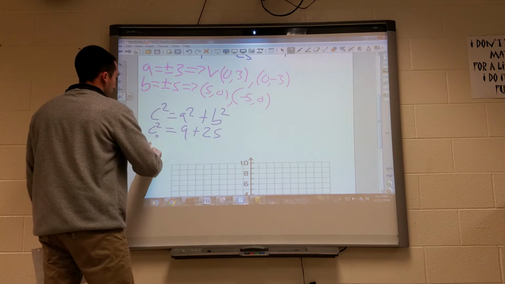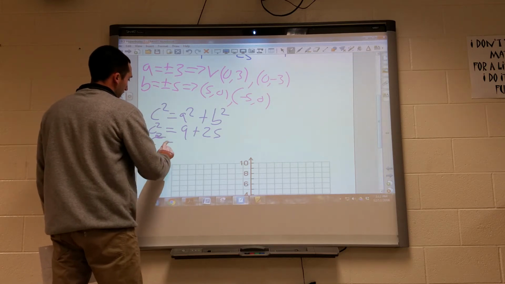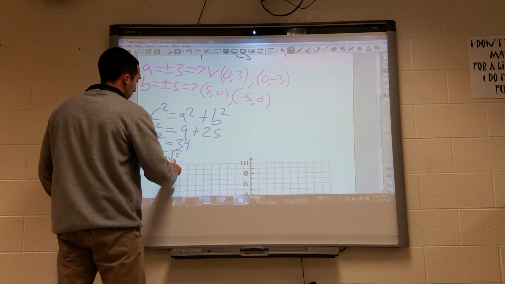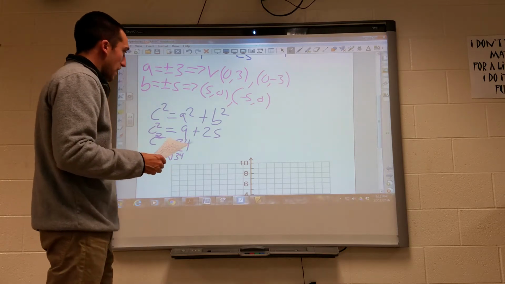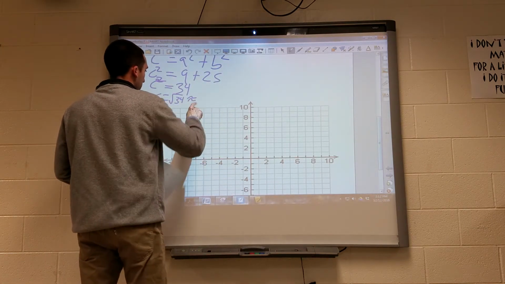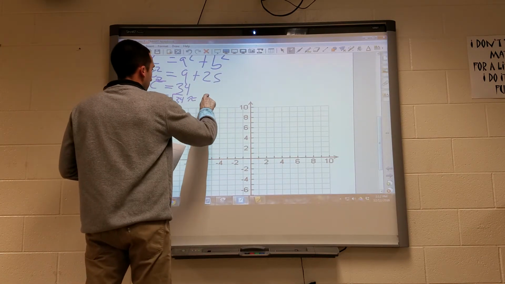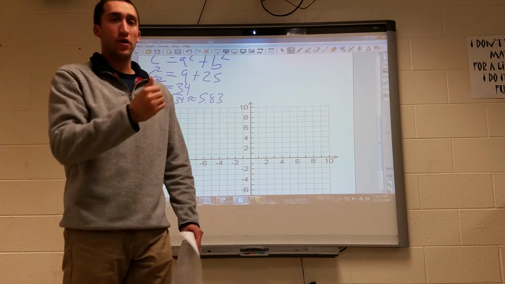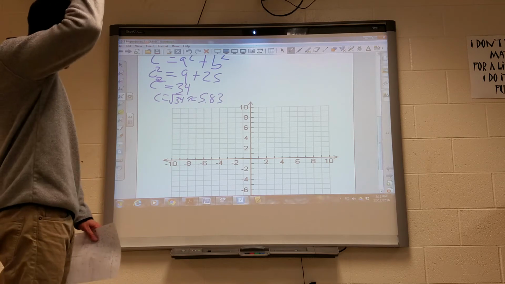So c squared is equal to 34. So c is equal to radical 34. And radical 34 is approximately 5.83, just so we kind of get an idea of where to put our foci.